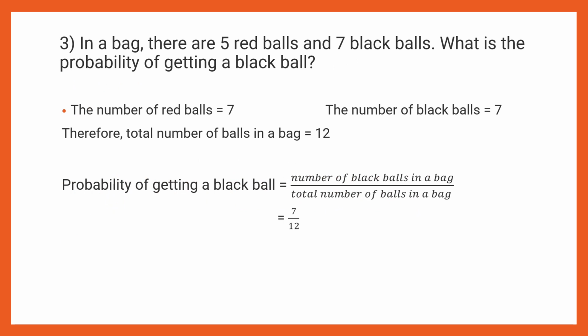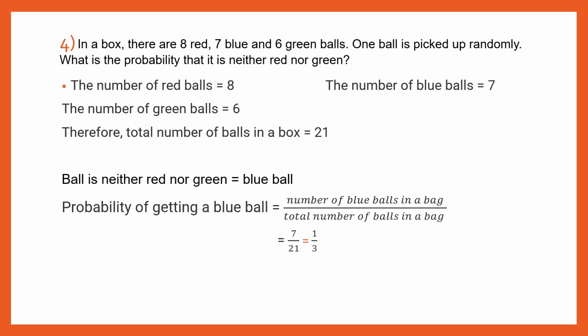So in the numerator we have 7 and in the denominator we have 12, that is the total number of balls in the bag, which is the red balls equal to 8. Total red balls are 8.